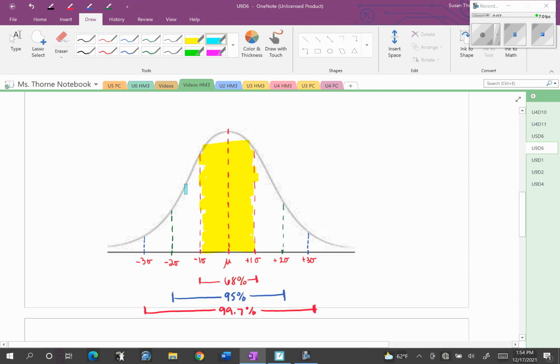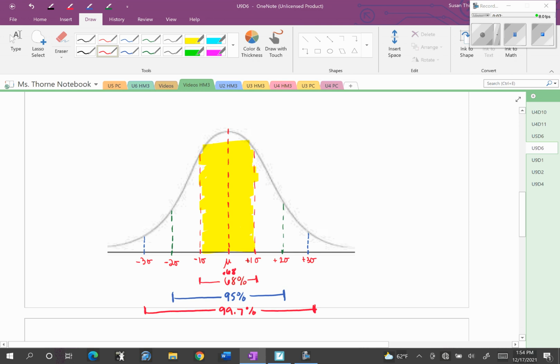So we can figure out then the what part of the area, so the percentage for each of these individual parts. So if 68% of the data is in between 1 standard deviation of the mean, then that's really, of course, 0.68, because the total area underneath the curve, we use the decimal.